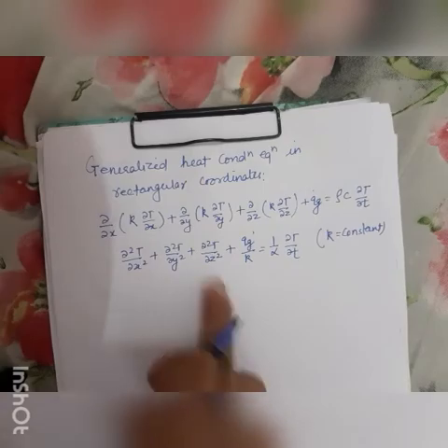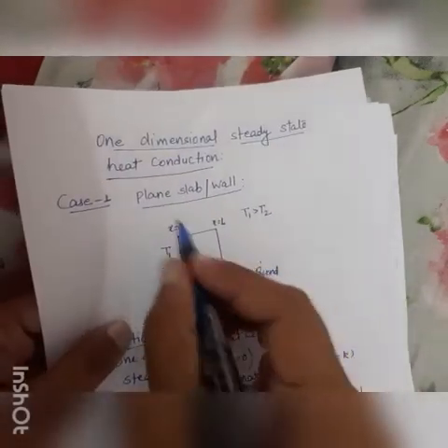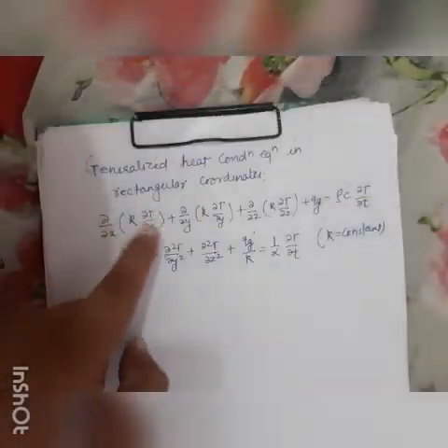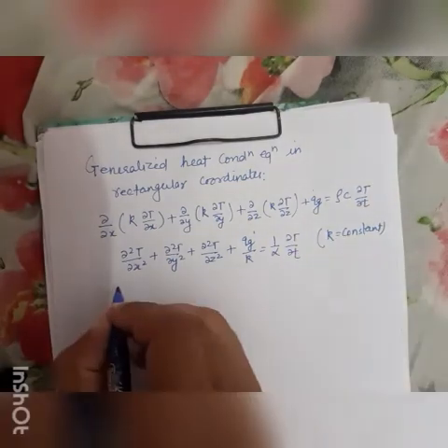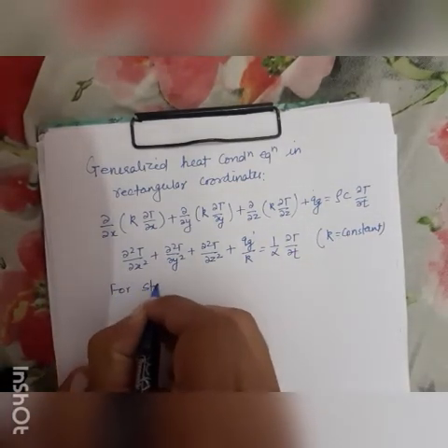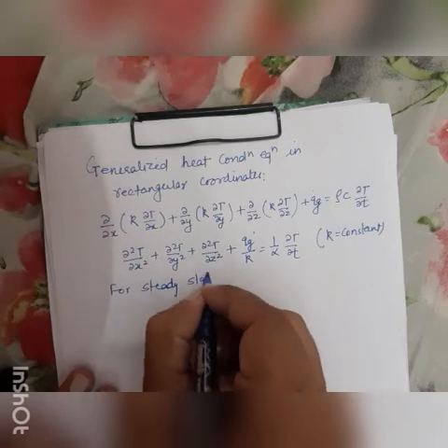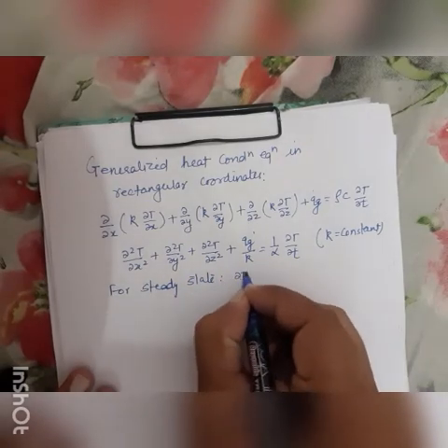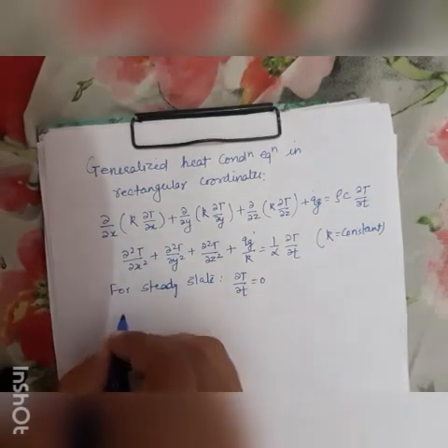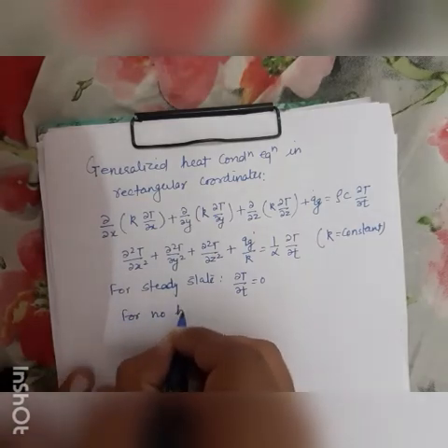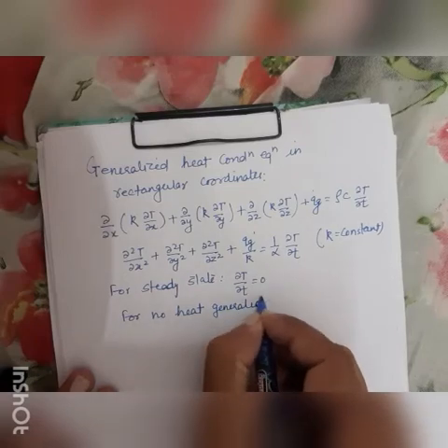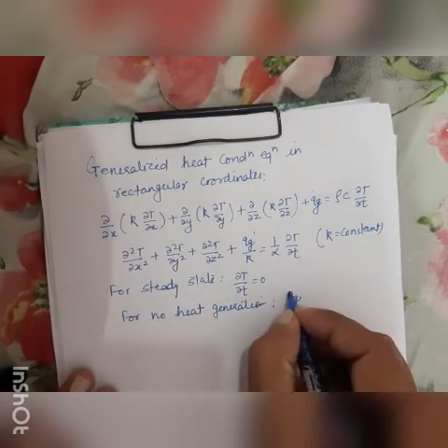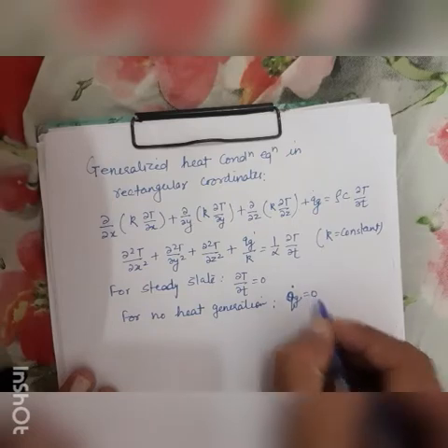Since we are considering heat transfer through a slab, we need to use this equation. Now, please note, for steady state, ∂T/∂t would be 0. Since there is no heat generation, q̇g would be 0.